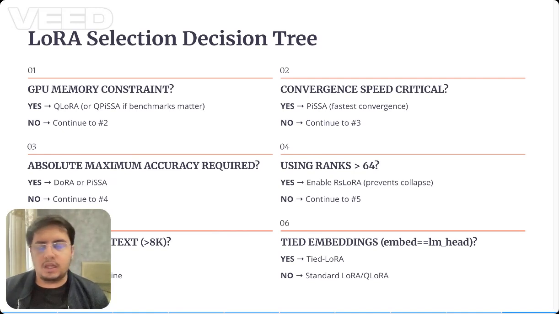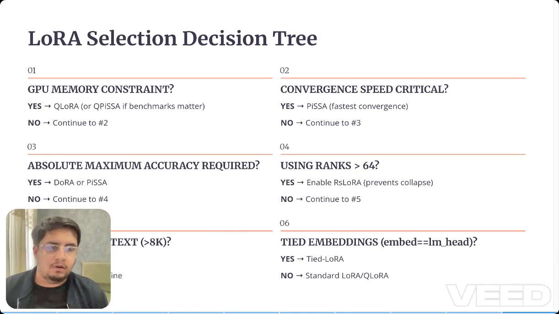If you need long context, then you can try LoRA-FA. Otherwise, if you need tied embeddings, you can try Tied LoRA. But if you are at the end of the hierarchy and you still haven't figured it out, you can probably use vanilla LoRA, or QLoRA in many cases, or LoRA-GA for that matter, and that works out pretty fine.